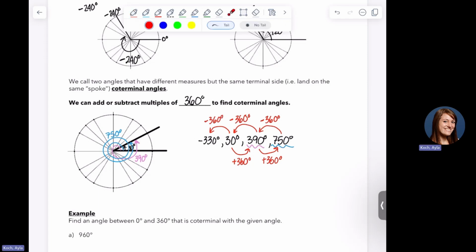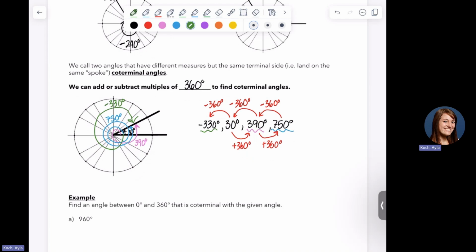So for negative 330 degrees, the outside spokes count by 30s: negative 30, negative 60, negative 90, negative 120, negative 150, negative 180, negative 210, negative 240, negative 270, negative 300, negative 330. That would be starting at this initial side and going all the way to here. All of them start and end at the same place, and that's what coterminal angles are.